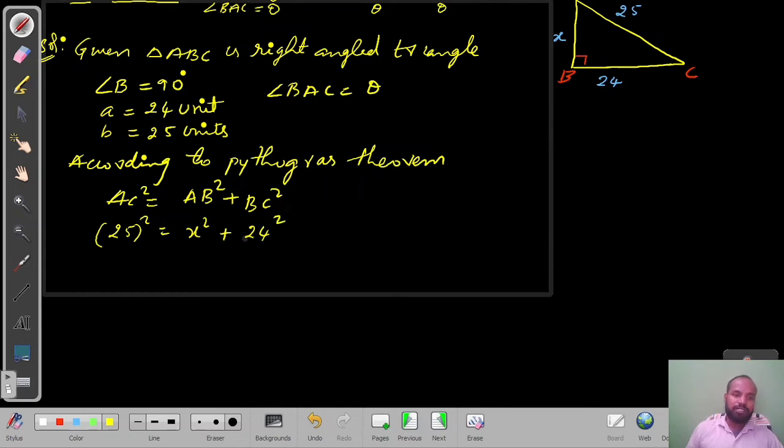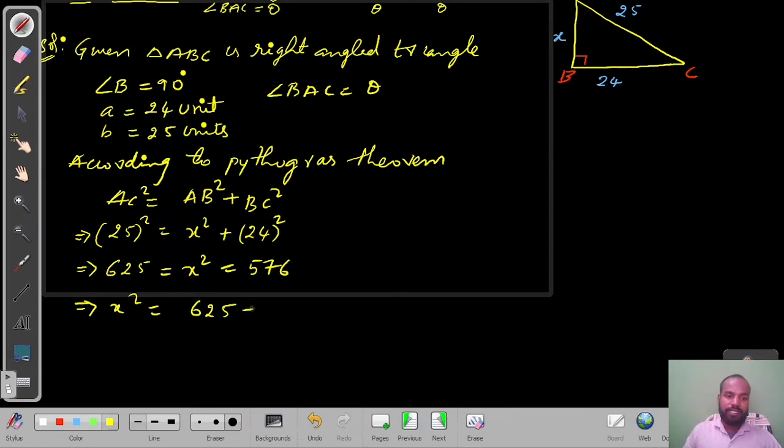Now 25 square is 625, we already know this value. Next, x square as it is, and 24 square is 576. Now x square equals 625 minus 576.